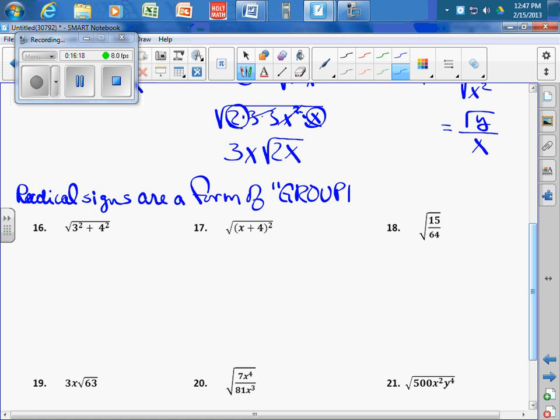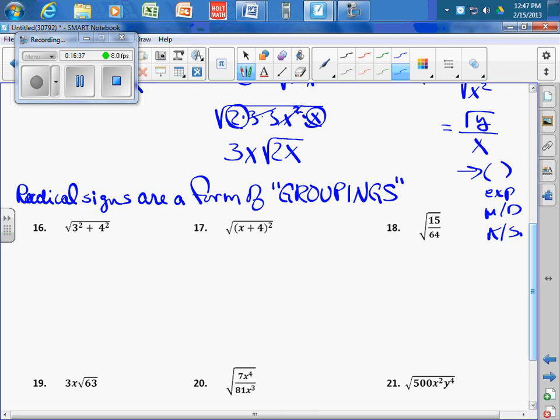What do I mean by that? Well, in your order of operations, remember you're supposed to do parentheses, exponents, multiply and divide, add and subtract, right? Well, it's not just parentheses. It's all kinds of groupings, and there are several different kinds of groupings in math.